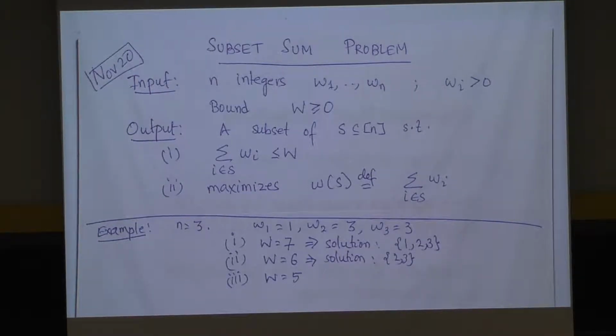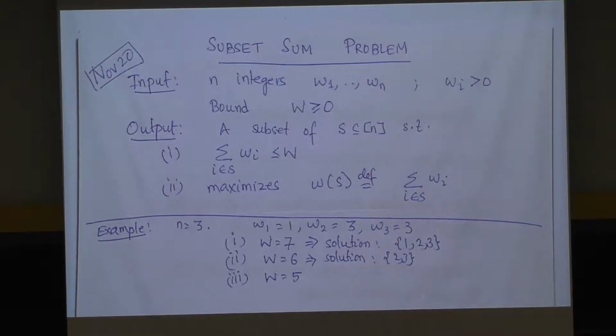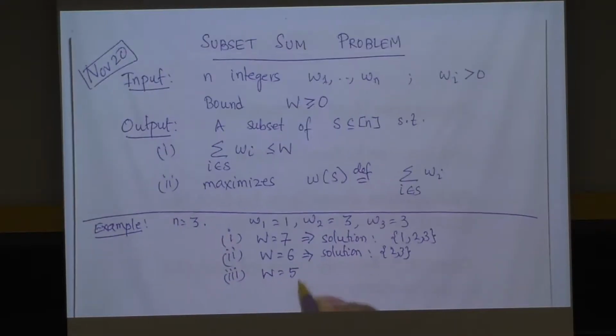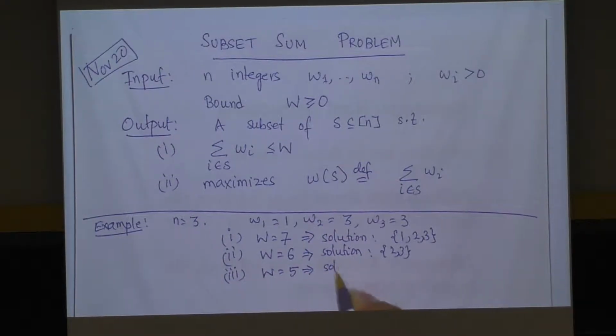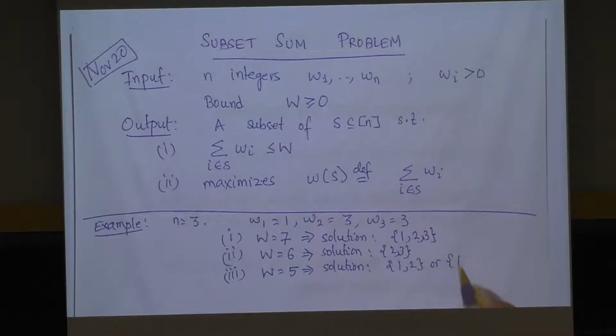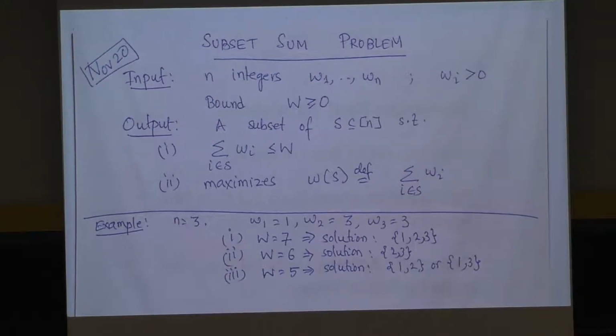Both of them have value of 4, and it's less than 5. And this is a case where you actually cannot meet that bound. There's no way of picking a subset of numbers that will actually meet this bound. So in this case, the solution is either 1, 2 or 1, 3. Okay.